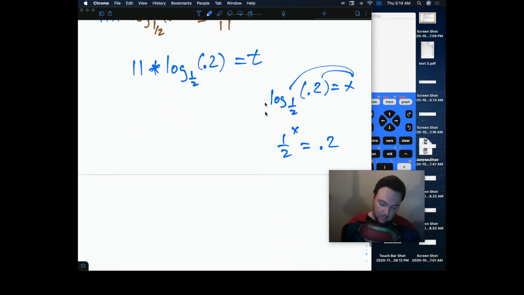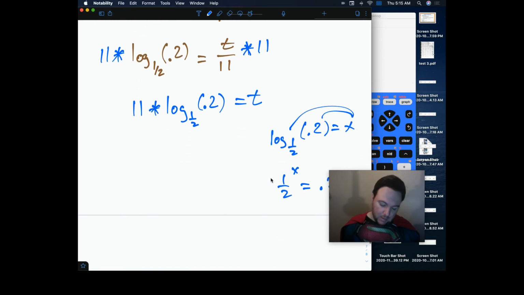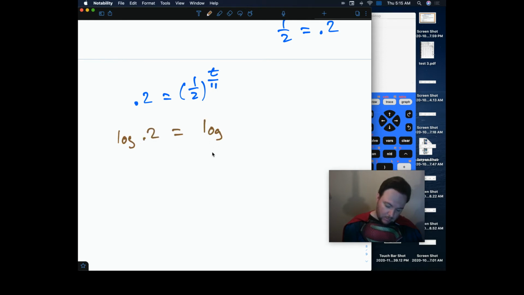Let's do it their way. So going back to here, they just use log. They don't use log base 1/2. Let's rewrite it. It's going to be 0.2 equals 1/2 to the 11th. They just take the log of both sides. So this becomes log 0.2 equals log of 1/2 to the 11th.